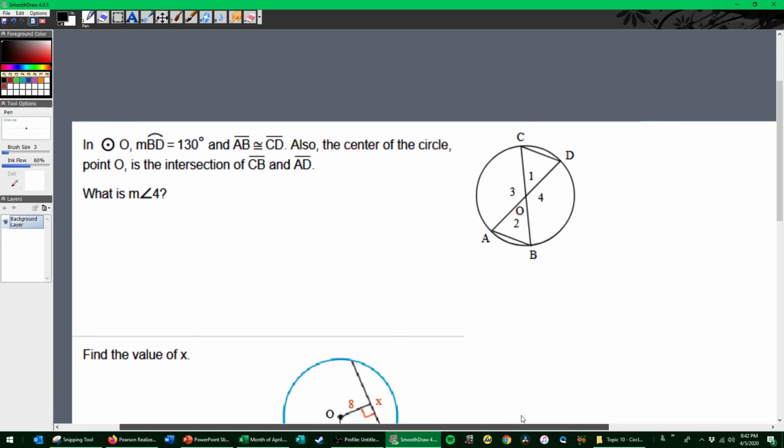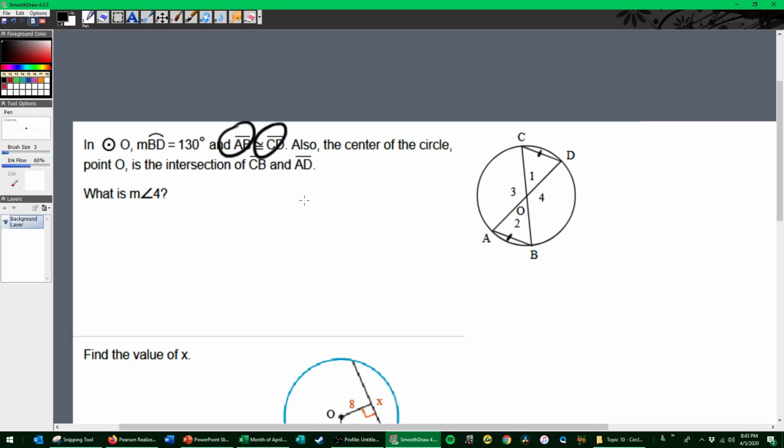Okay. So in circle O, so here's O, that's our center. AB is congruent to CD, so let's mark that up. Now notice I'm marking the line segments because we don't have an arc here. That is showing me that these are line segments.